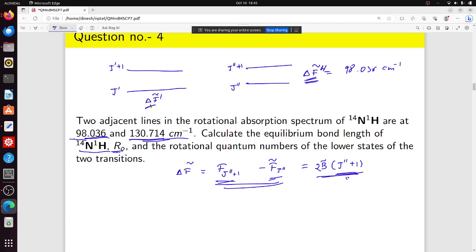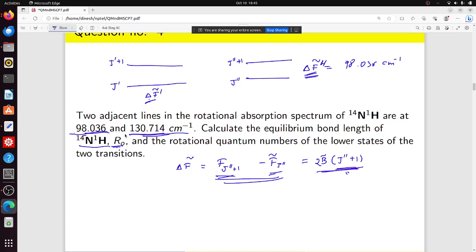This much energy is required to make this transition from J prime to J prime plus 1. So this is the energy difference.